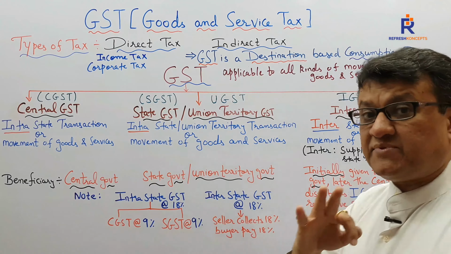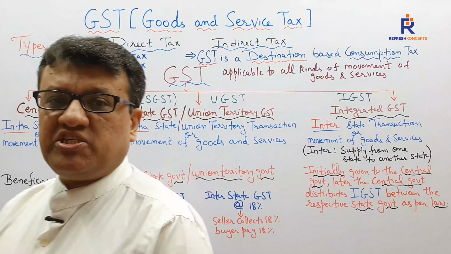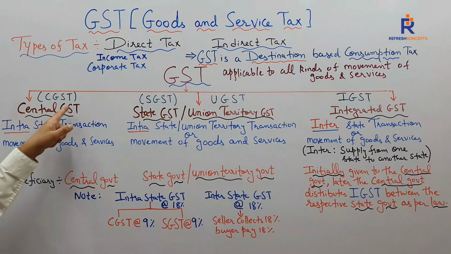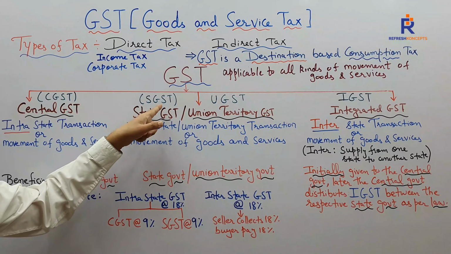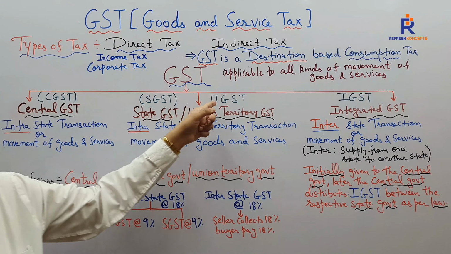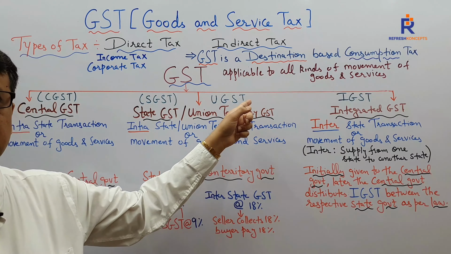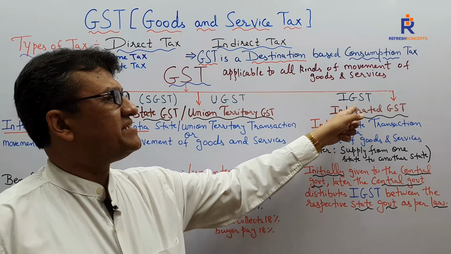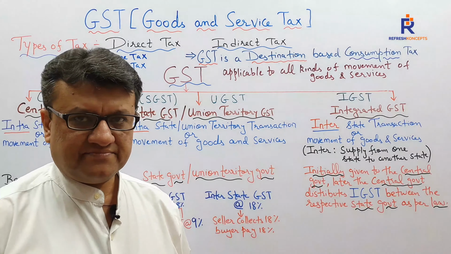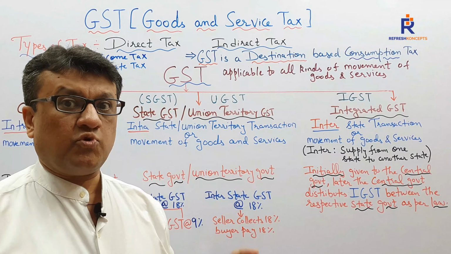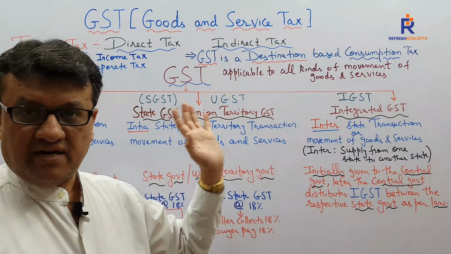So what are the three types of GST? CGST, central GST, state GST, SGST, or for that matter UGST if it were to be a union territory, and IGST, integrated GST. Let's understand what these three actually are.